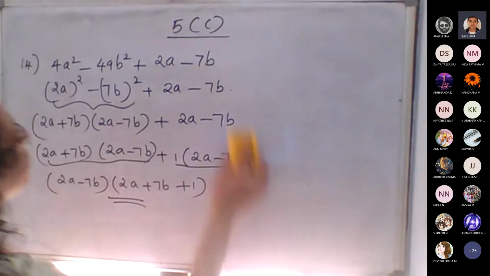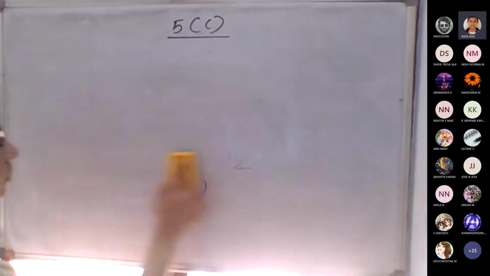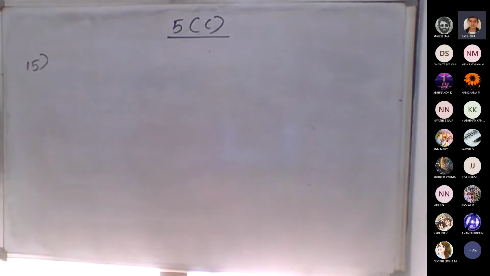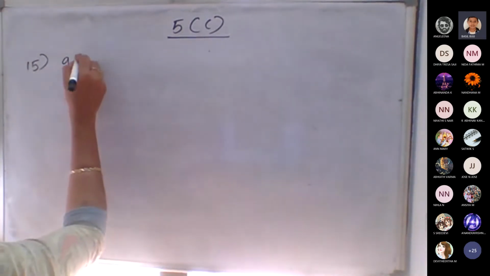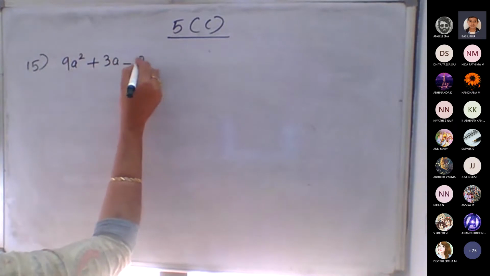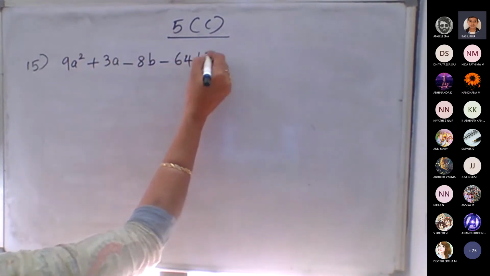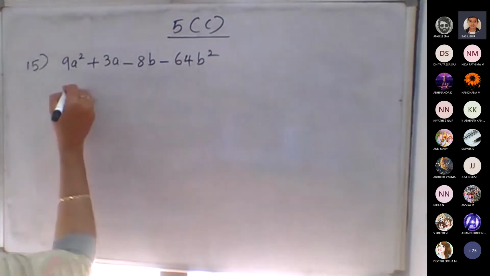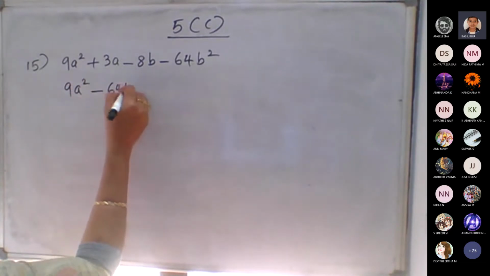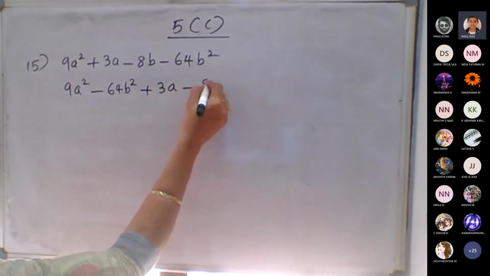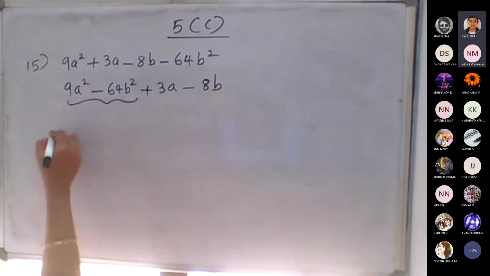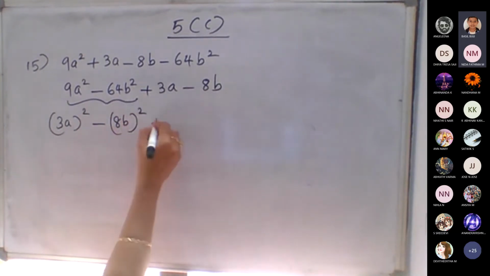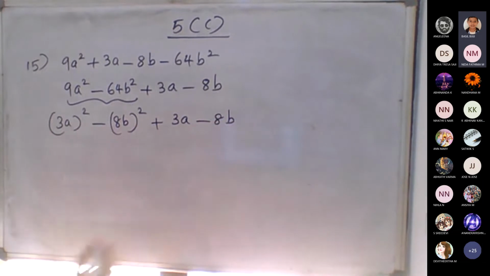Rearrange that first, the 15th one: 9a square minus 64b square plus 3a minus 8b. So this is (3a) whole square minus (8b) whole square plus 3a minus 8b.